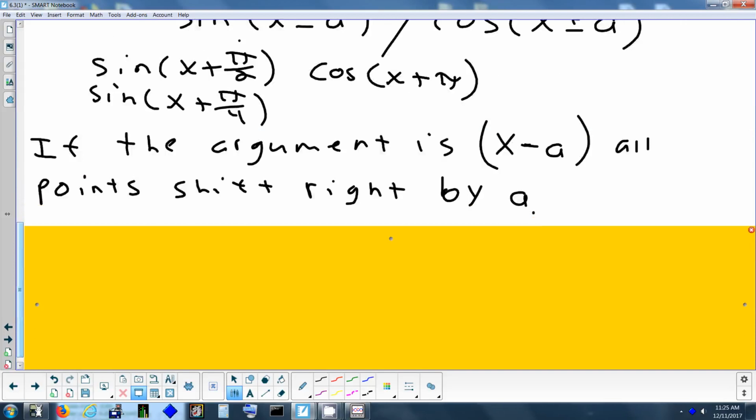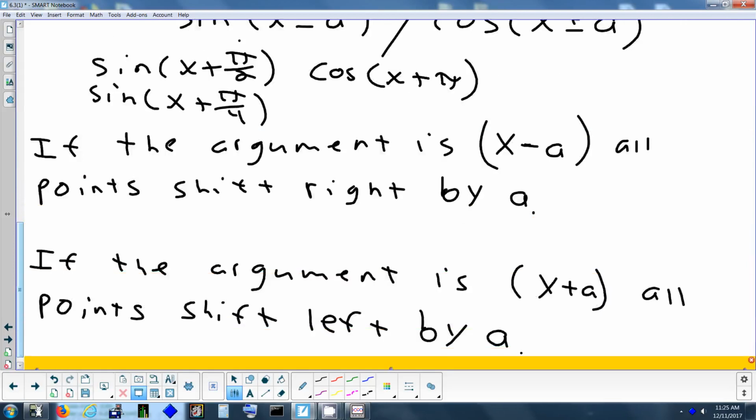I put this statement more for my trig class when I teach it, because you guys should already know that. If you do x minus, minus shifts right. If you do x plus, it shifts left. It's exactly the same rule we've been following all year with horizontal shifts.